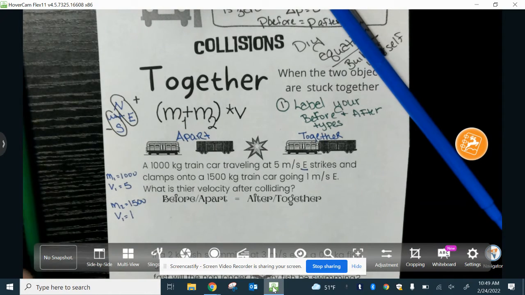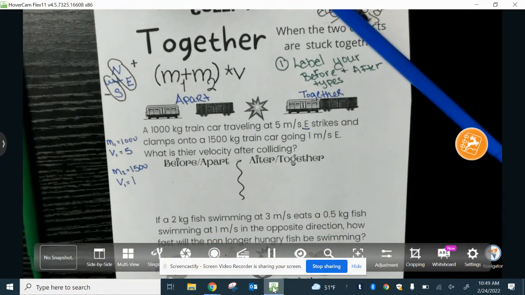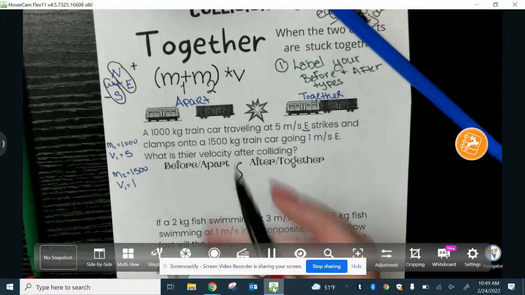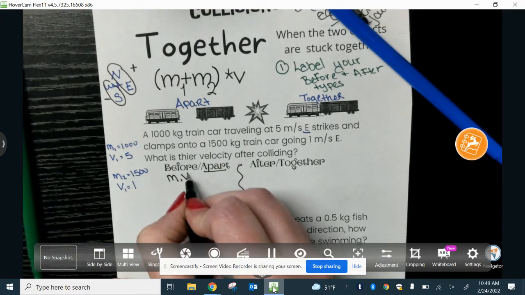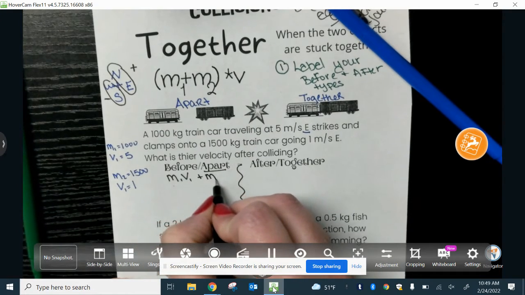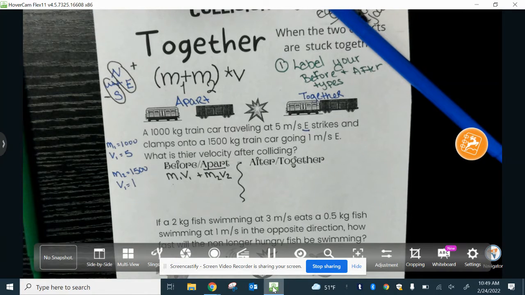So I have my collision labeled. I'm going to do my little squiggly line, just what we've been doing. Because this is apart, I'm using my apart formula, which is M1 times V1 plus M2 times V2.